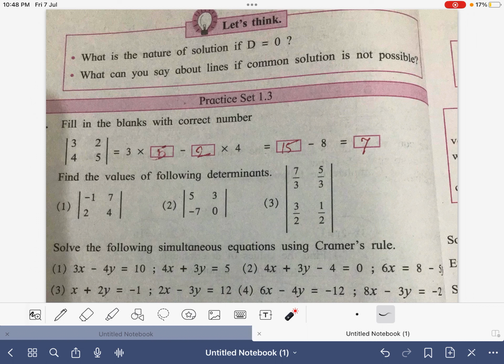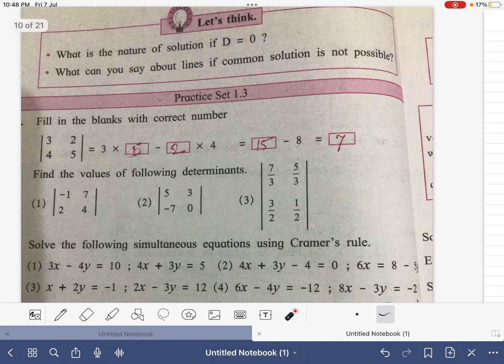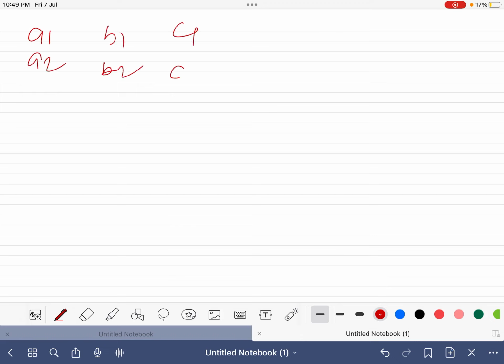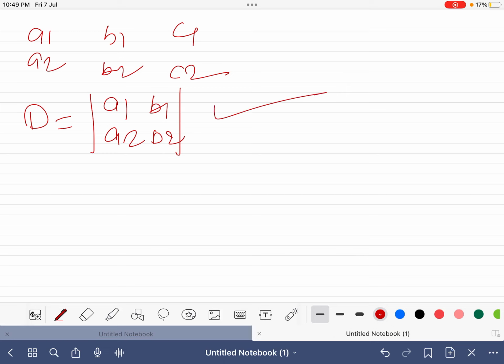So 3x minus 4y is equal to 10, 4x plus 3y is equal to 5. What we have to do is solve these equations by the determinant method. Means the previous method, first find the values of a1 a2 b1 b2 c1 c2. Then the next step is to find the value of d. What is the value of d? a1 a2 b1 b2, put the values and get the answer.